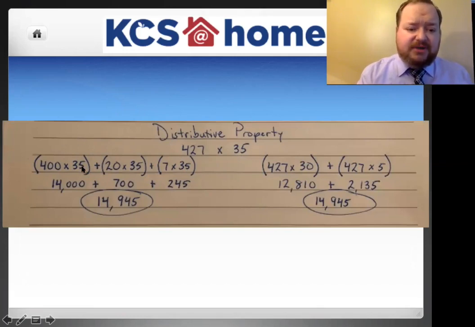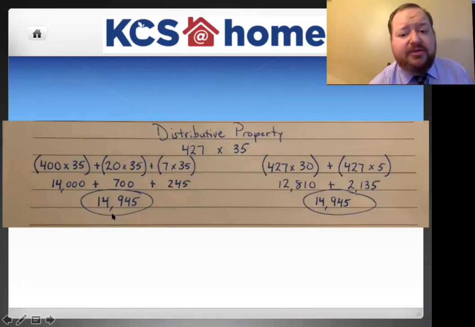So 400 times 35, 20 times 35, and 7 times 35. I was able to come up with an answer for each set of the parentheses, put it all together to get 14,945.